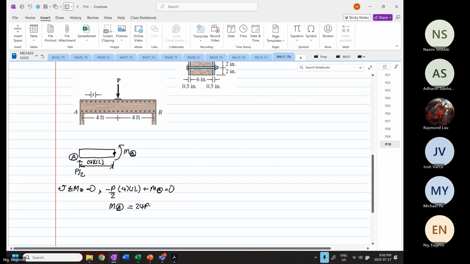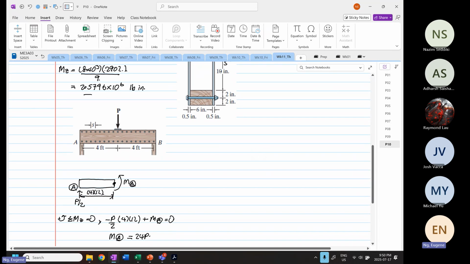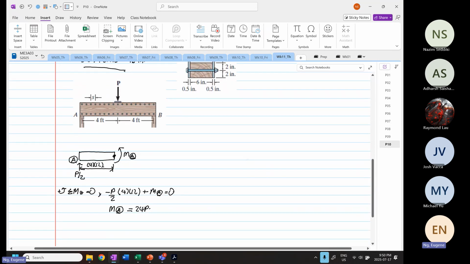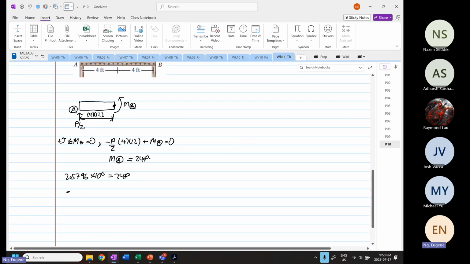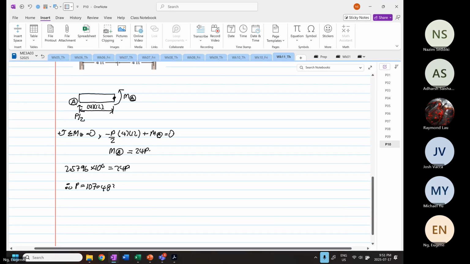Now, from here, we know that the moment at point A should be equal to 2.5796 times 10 to the power 6, which is equal to 24P. So therefore, P is equal to 2.5796 times 10 to the power 6 divided by 24, which is equal to 107.483 times 10 to the power 3 pounds.